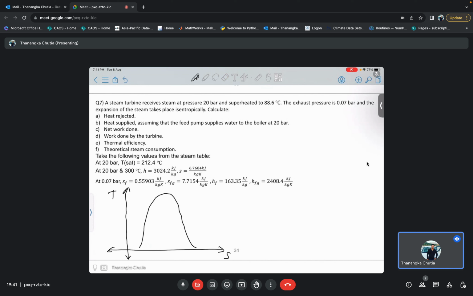So it is telling us that there are two pressures. This is basically your boiler pressure. Okay, this boiler pressure P B is equal to 20 bar.